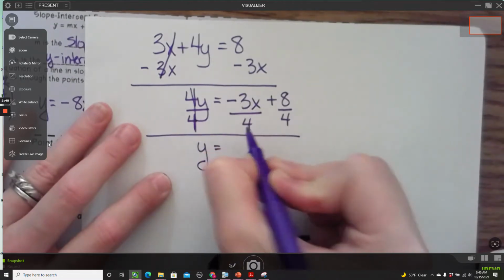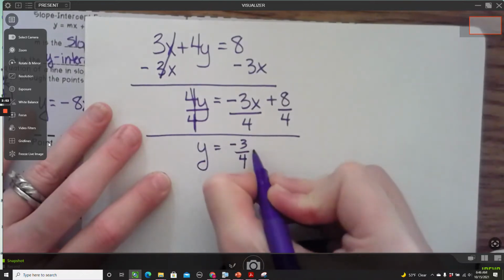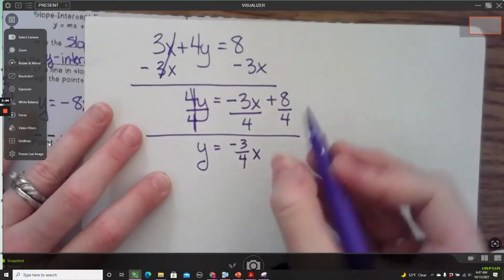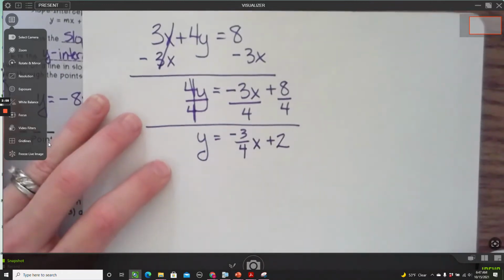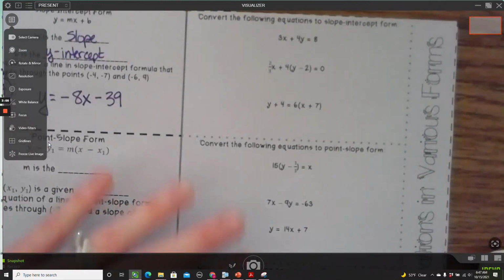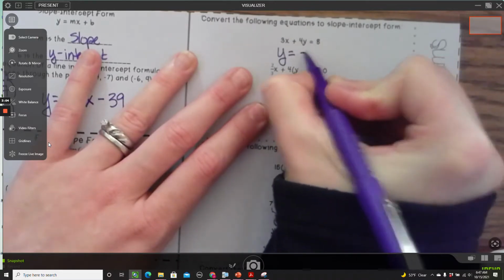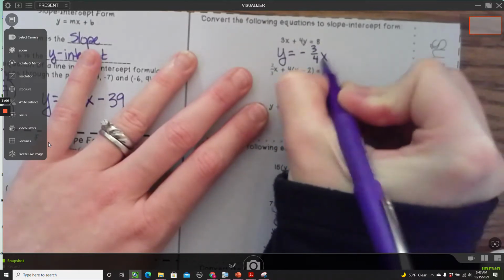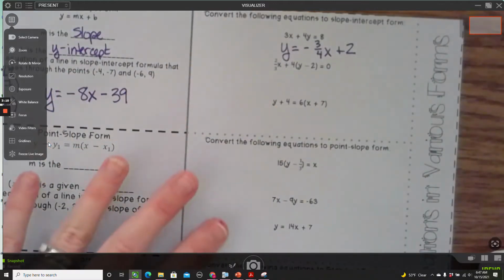I've got -3/4, which is a fraction in simplest form, and then I'll tack the x onto the end. And 8 divided by 4 is a +2. So my equation there would be y equals -3/4 x plus 2.